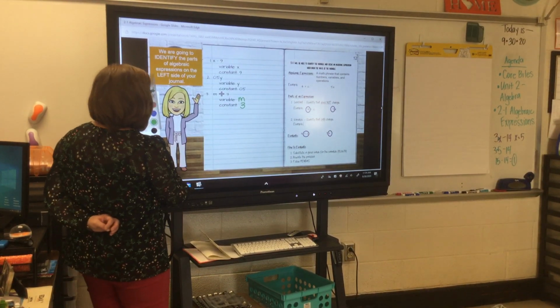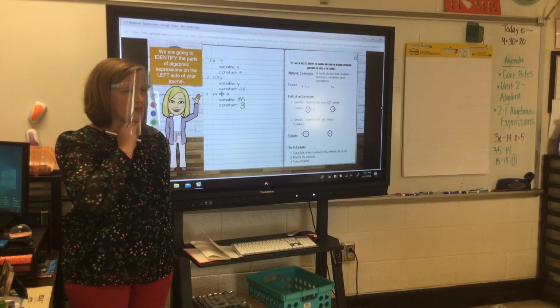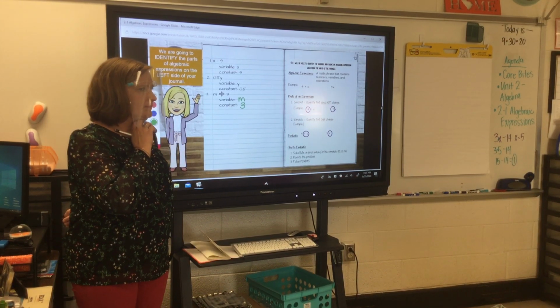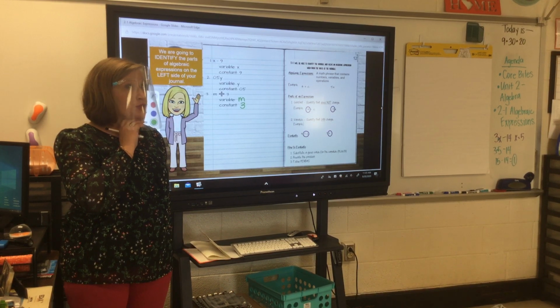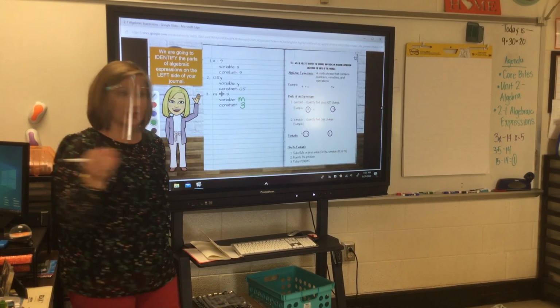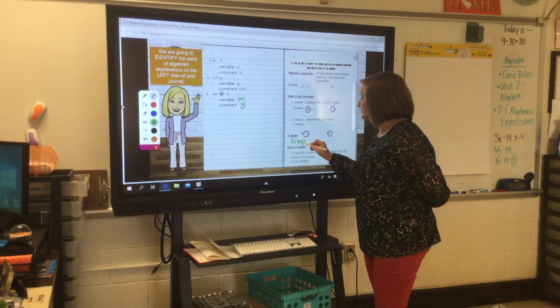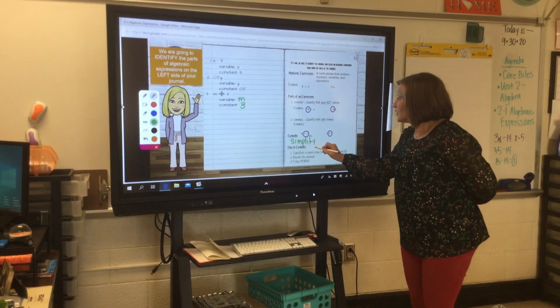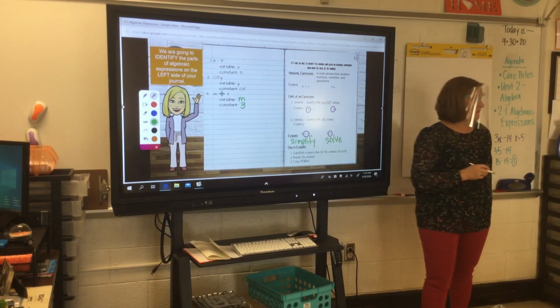All right. Now, what does the word evaluate mean? We've talked about that word several times. What does it mean? That was on your test. To make easier, to simplify, or to solve, okay?